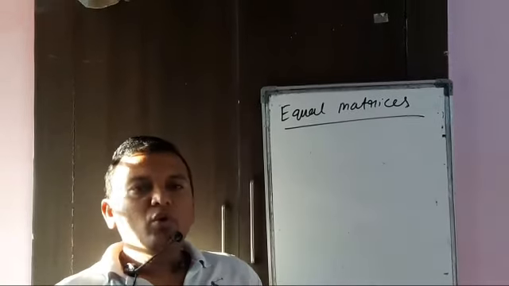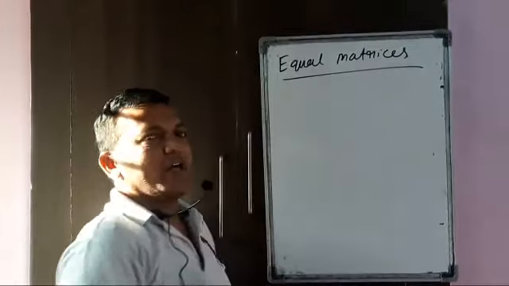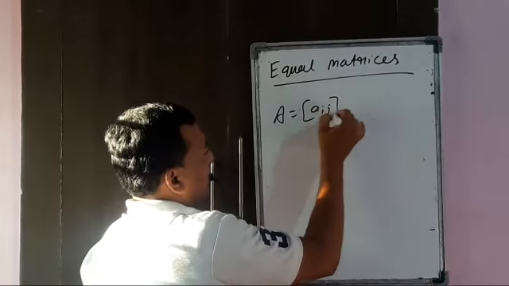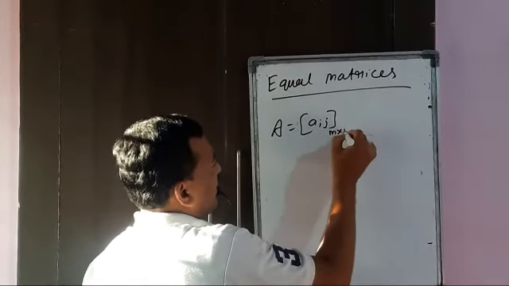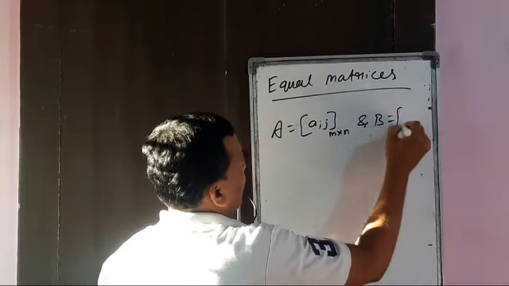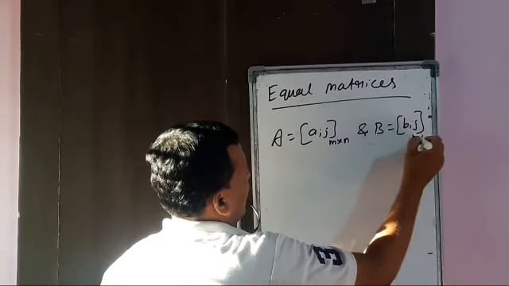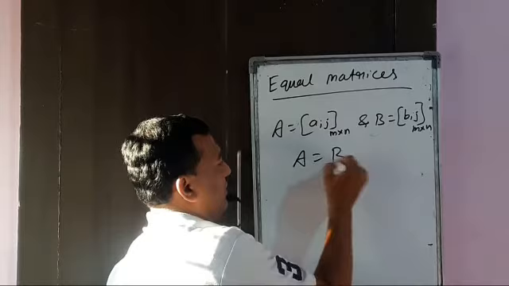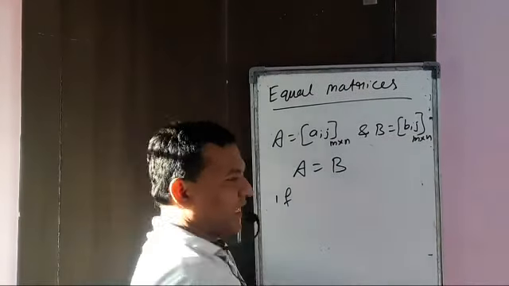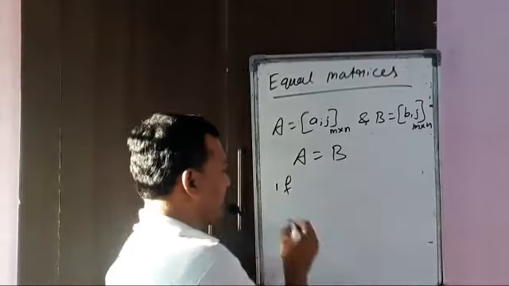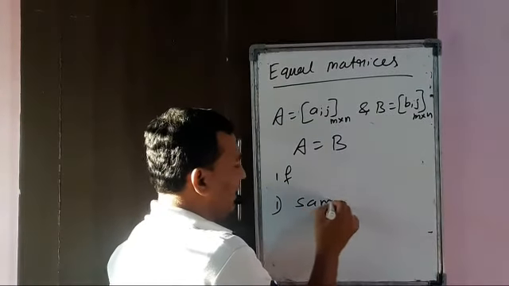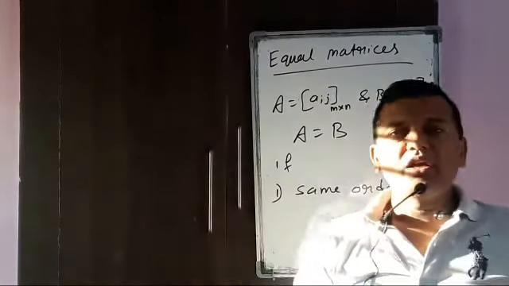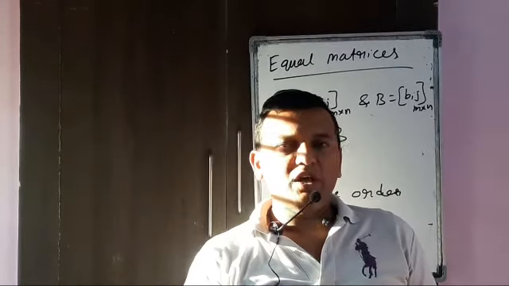Here we can notice two matrices A equal to [Aij] of order m cross n, and B equal to [Bij] of order m cross n are said to be equal matrices if they satisfy two conditions. First thing, they should have the same order.